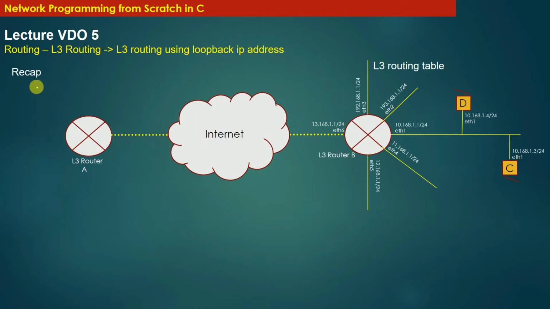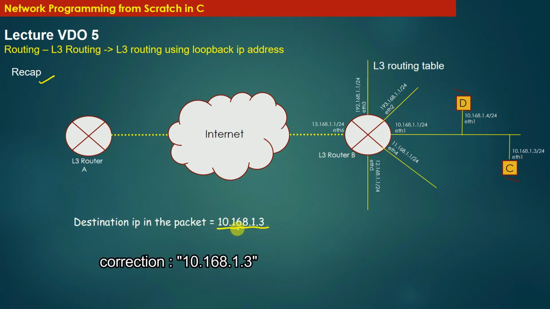Let us see how routing happens in this case. Let us do a little recap here. Let us suppose the destination IP address specified in the packet is 10.168.1.3. That is, the packet is destined for the host machine C placed somewhere in the network. So let's say that L3 router A receives a packet with destination IP address equal to 10.168.1.3. Router A will forward the packet as usual using L3 routing.